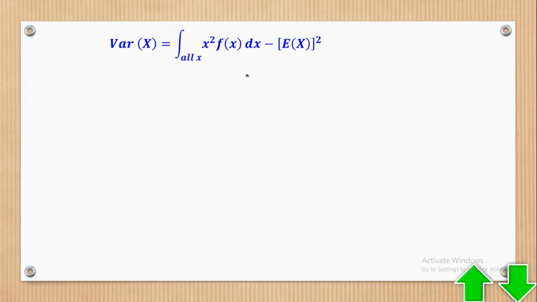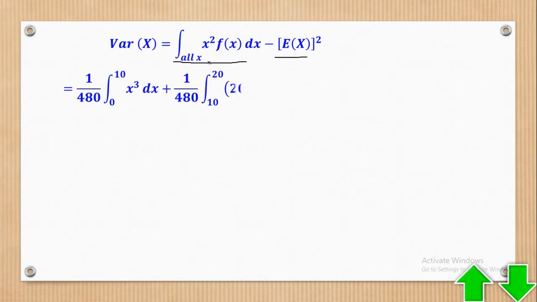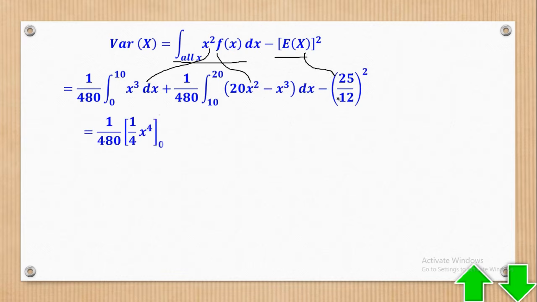So variance also is given by this formula, E(x squared) minus E(x) everything squared. So when I substitute x squared f(x) for 0 to 10 is that, and for 10 to 20 is that, minus this which you got in the previous slide. So next is to integrate.